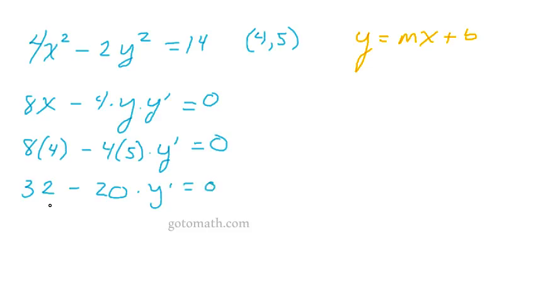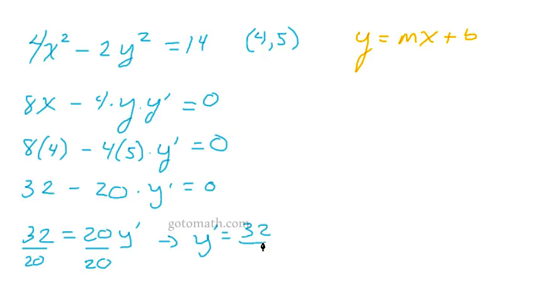So now we go ahead and solve, and 32 is equal to 20 y prime, and then we just multiply both sides by 1 over 20, and therefore y prime is equal to 32 over 20.